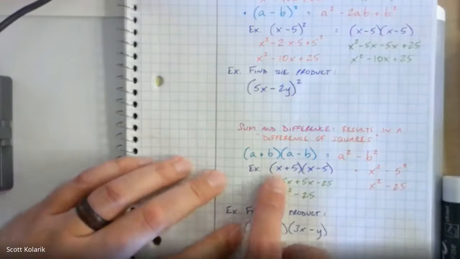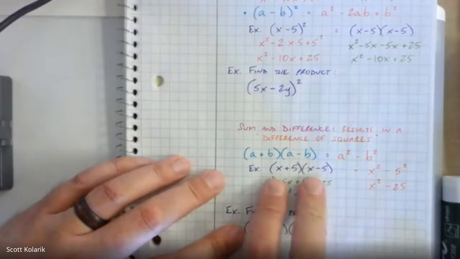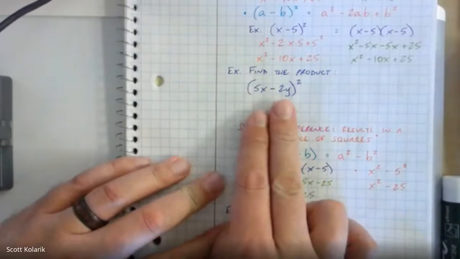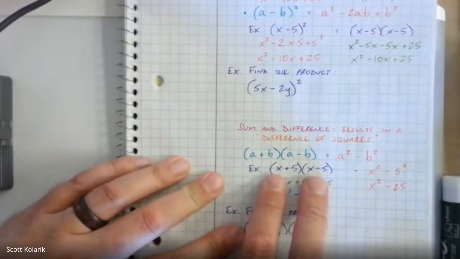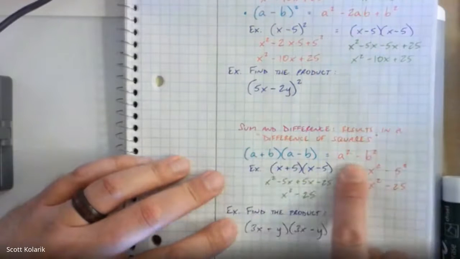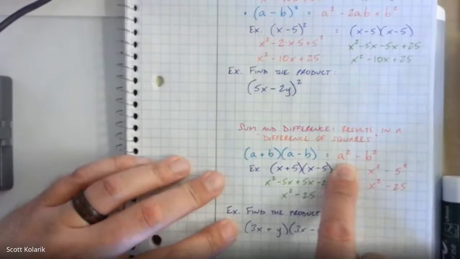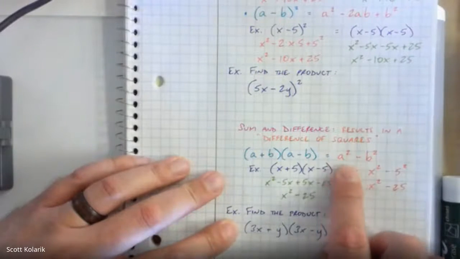And so in this case, I give this example of x plus 5 times x minus 5. And again, they'll be pretty distinguishable because unlike these ones, I'm going to have two different binomials. They'll have the same objects, but I'm going to have a plus and a minus. So here's the shortcut. Instead of having a trinomial result, like we had in each of the other cases, I'm going to have a binomial result. It's shorter.